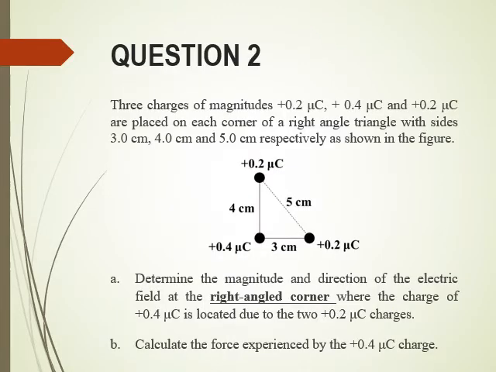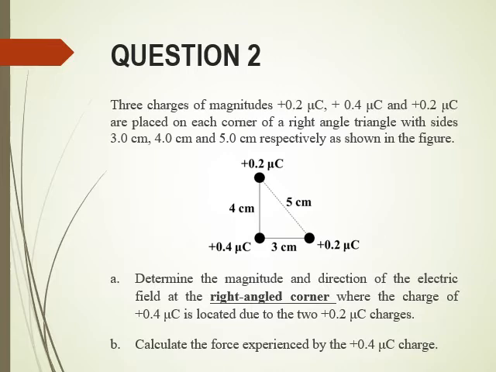Question 2. Three charges of magnitudes positive 0.2 microcoulomb, positive 0.4 microcoulomb, and positive 0.2 microcoulomb are placed on each corner of a right angle triangle with sides 3 cm, 4 cm, and 5 cm respectively, as shown in the figure.